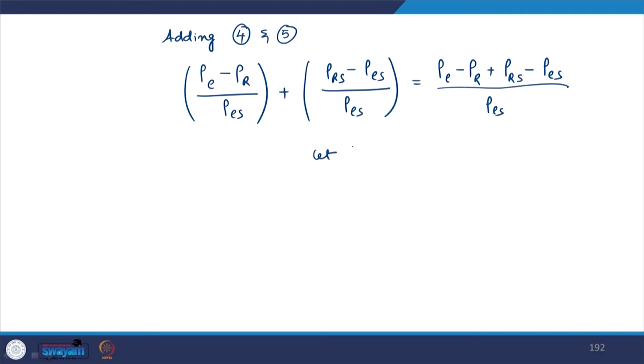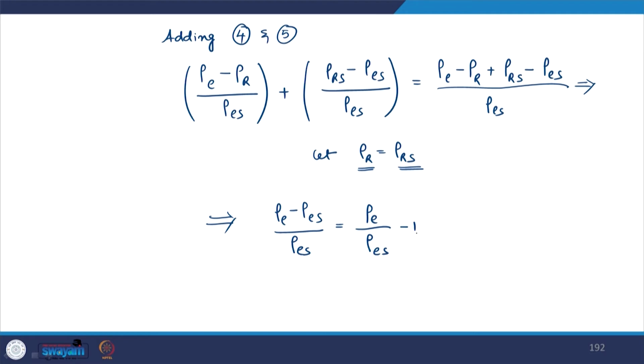So, let us say rho_r is equal to rho_rs. That means the density at the surface is equal to the density at saturation. Okay. In this case, this expression reduces to simply (rho_e − rho_es) divided by rho_es. That is also equal to rho_e/rho_es − 1. So, the vapor density of the ambience with respect to the density of saturation can be defined to be equal to S − 1.